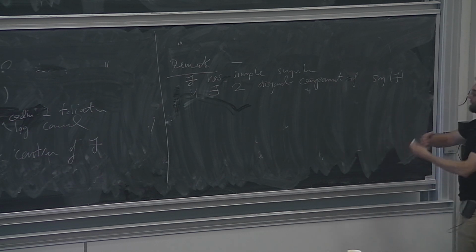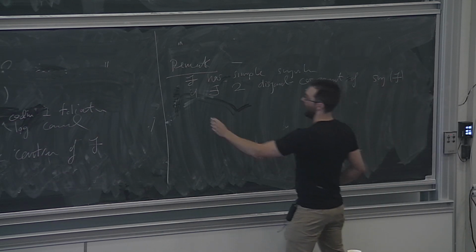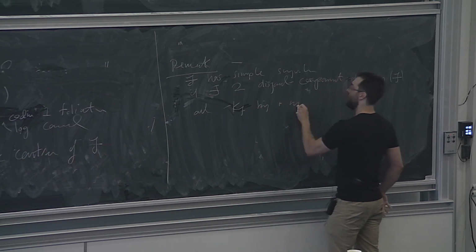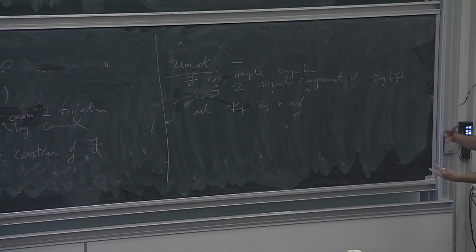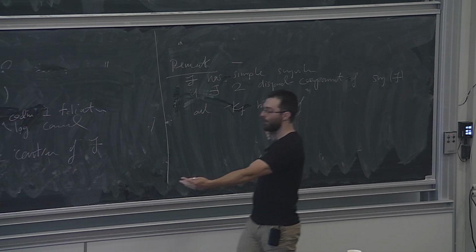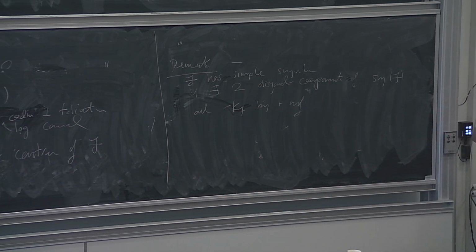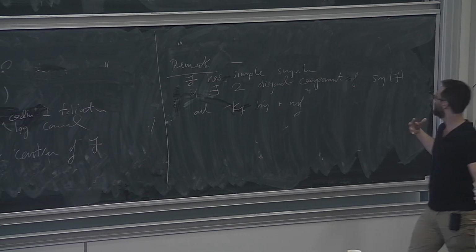And if there exist two disjoint components of Sing F, and minus KF is big and nef, well, then by connectedness, if they're disjoint, they must be connected by some LC center. The only LC center that connects them has to be an invariant divisor. So there must be an invariant divisor containing both of these components of the singular locus.